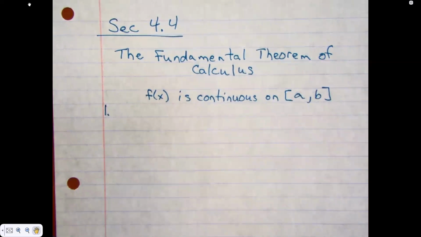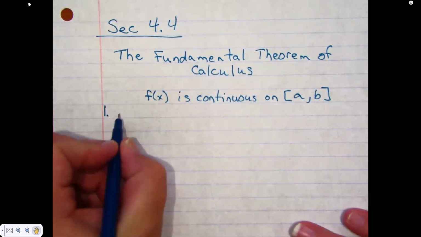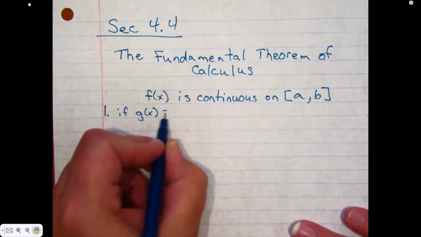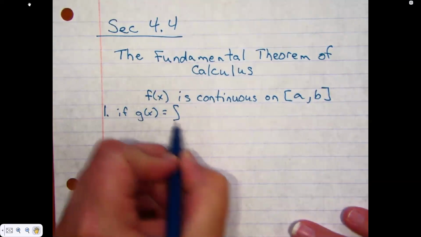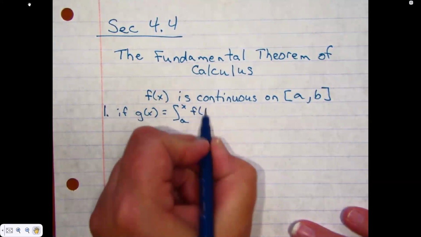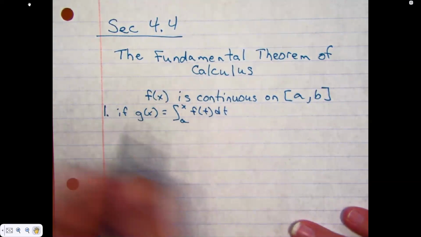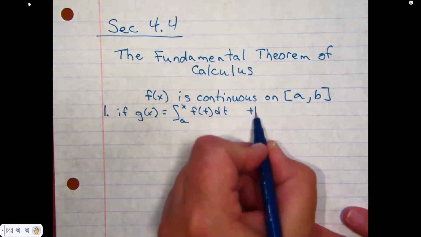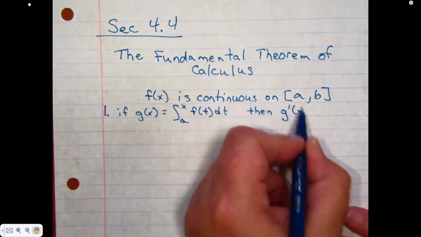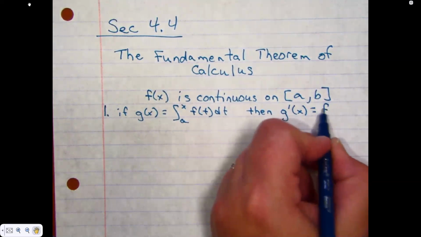So long as f of x is continuous, if g of x equals the integral from a to x of f of t dt, then the derivative of g equals f of x.